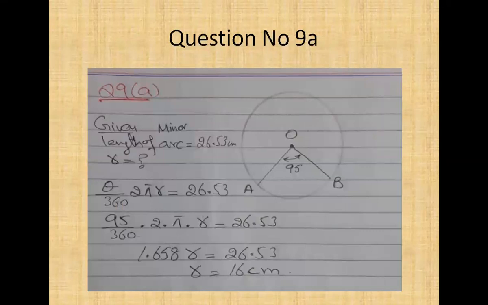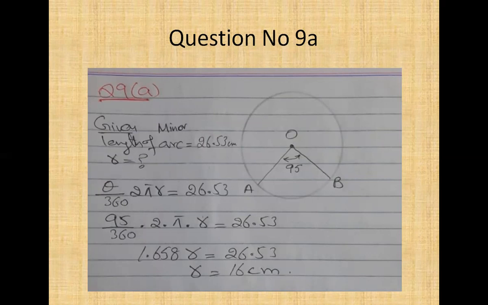Given that the length of the minor arc is 26.53 centimeter, the radius is questioned, the angle subtended at the center by the minor arc is also given, that is 95. You know the formula for the length of the arc is theta by 360 times 2 pi r, and that is equal to 26.53. In the place of theta, I will put 95. So 95 divided by 360 multiply 2 multiply pi multiply radius is equal to 26.53.